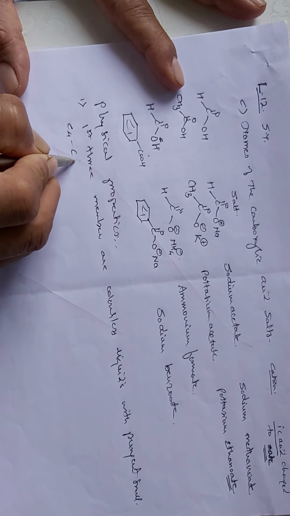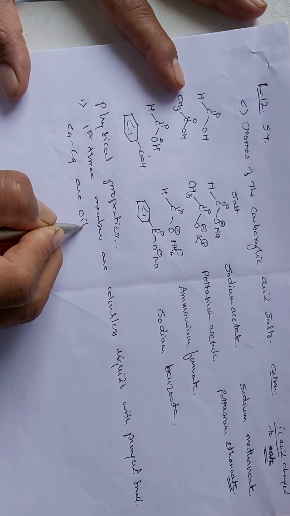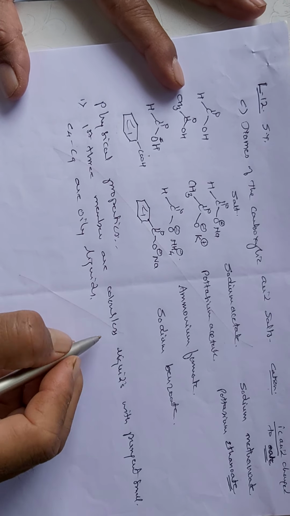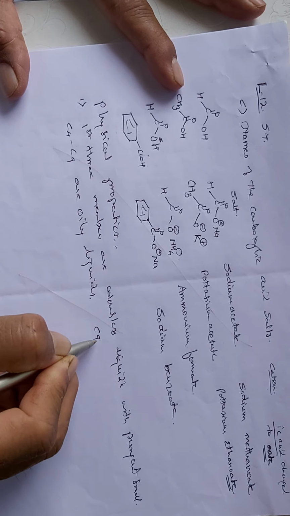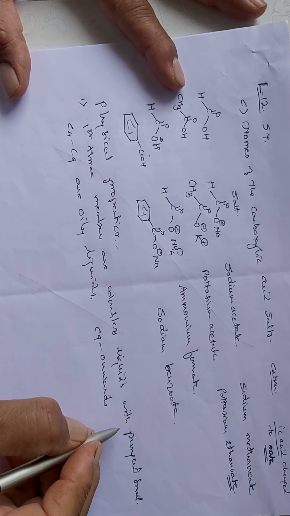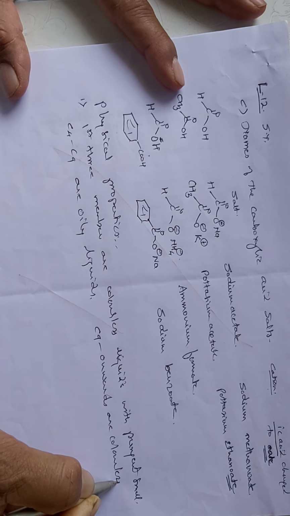C4 to C9 are oily liquids, and C9 onwards are all colorless solids.